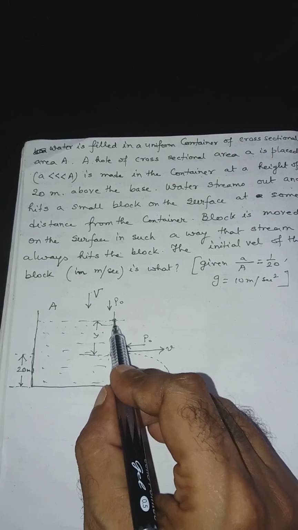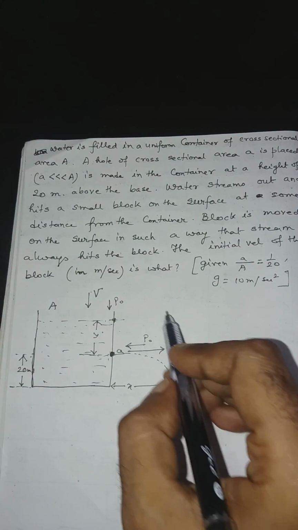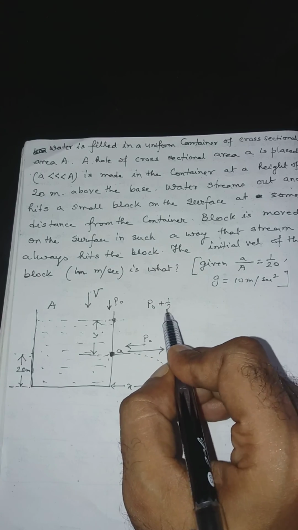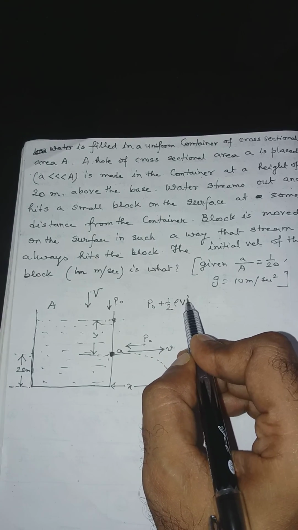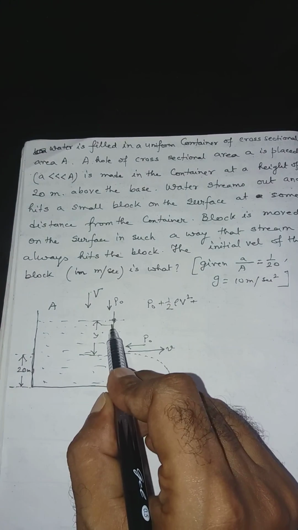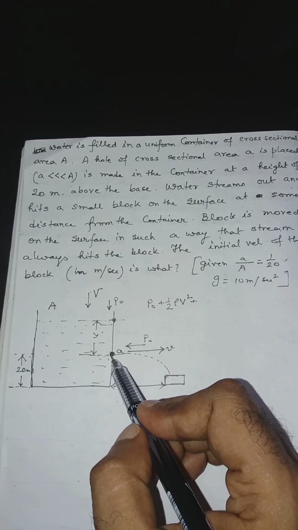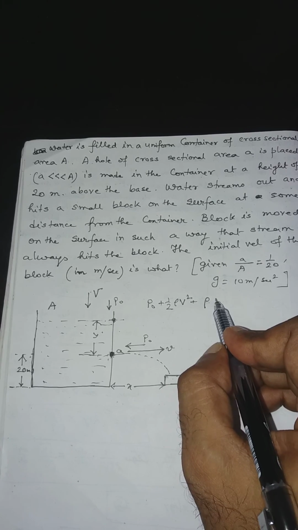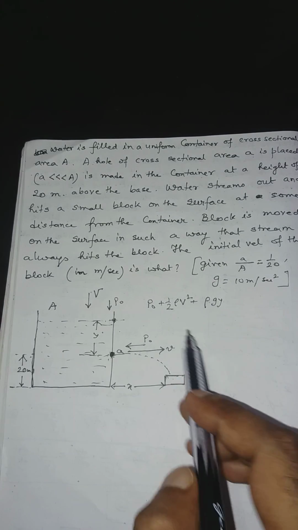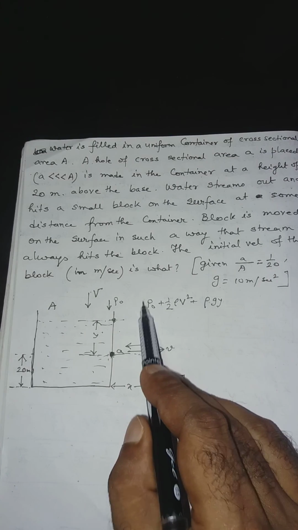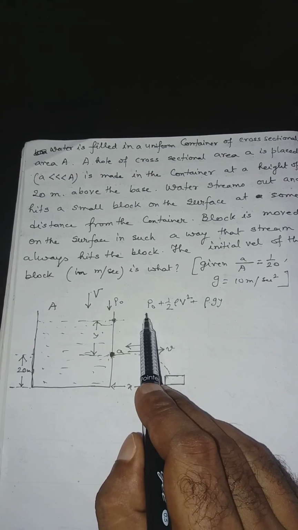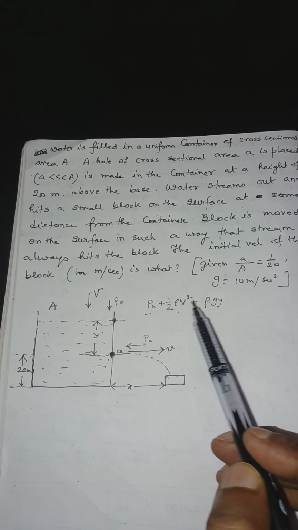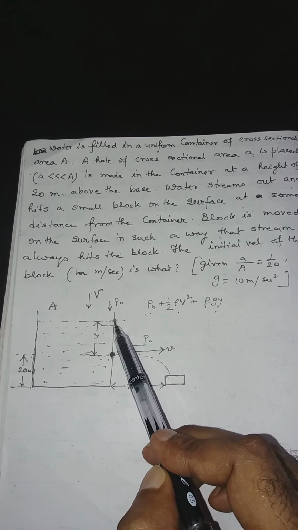So at that point the total energy head will be P0 plus half rho capital V square, and here the potential energy, because it is at a certain height, will be rho g y. So this is the total energy, that is the pressure energy head, kinetic energy head and potential energy head at that particular point.